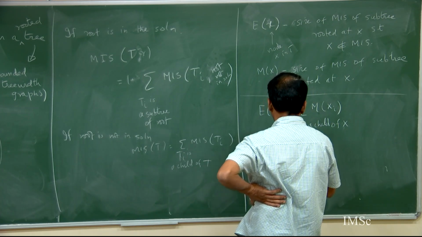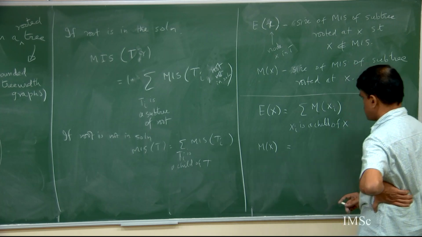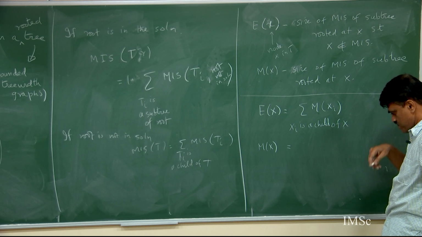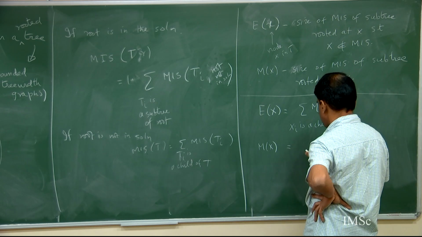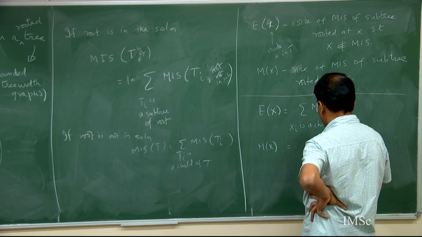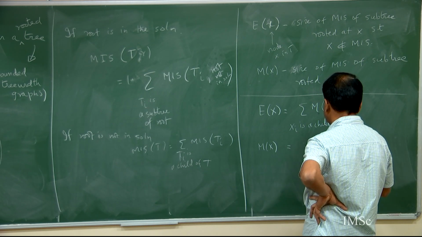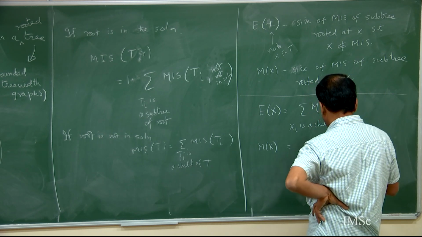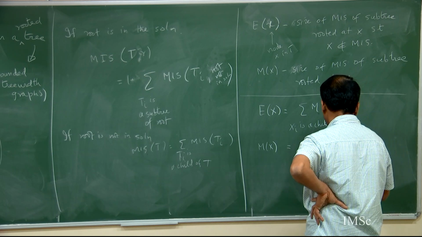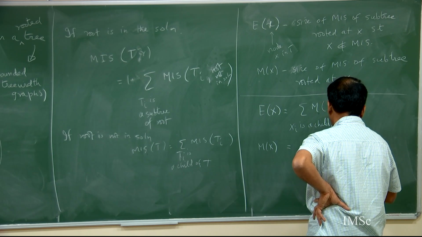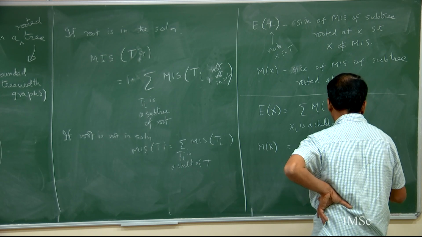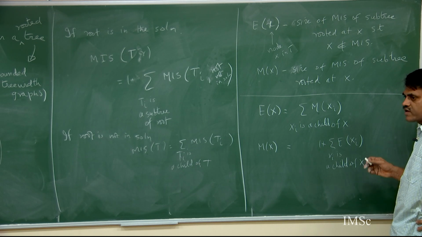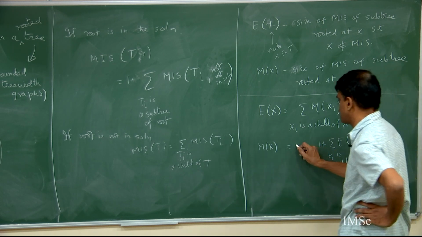What is M of x? No condition. It is the max of either 1 plus the summation of E of xi, because I include the root, which means I have to exclude its children, or the summation of M of xi.